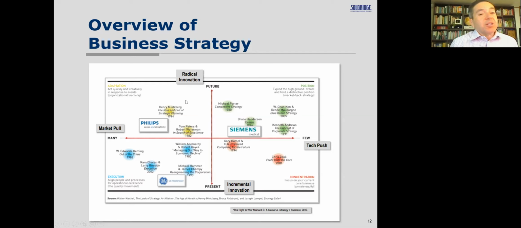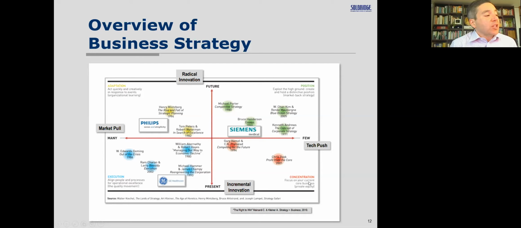So this results in 4 different cells. We can call this a positioning strategy in the upper right. We can call this a concentration strategy in the lower right. We can call this on the lower left an execution strategy. And on the upper left, we call this an adaptation strategy. In the positioning strategy, we hold a distinctive position.